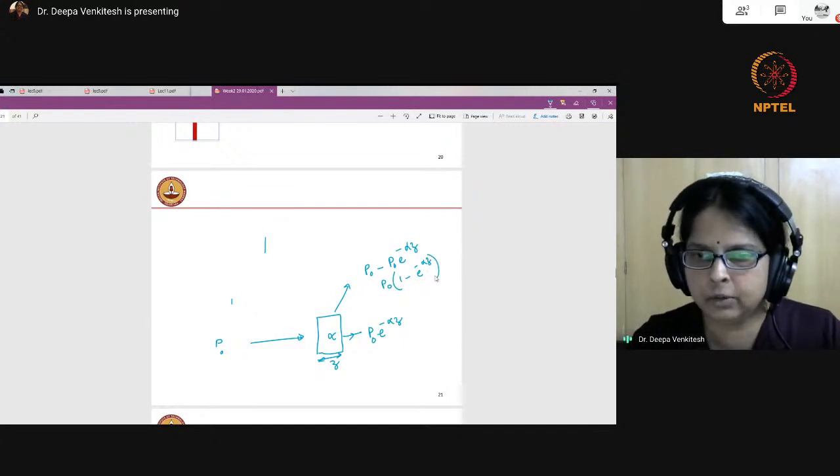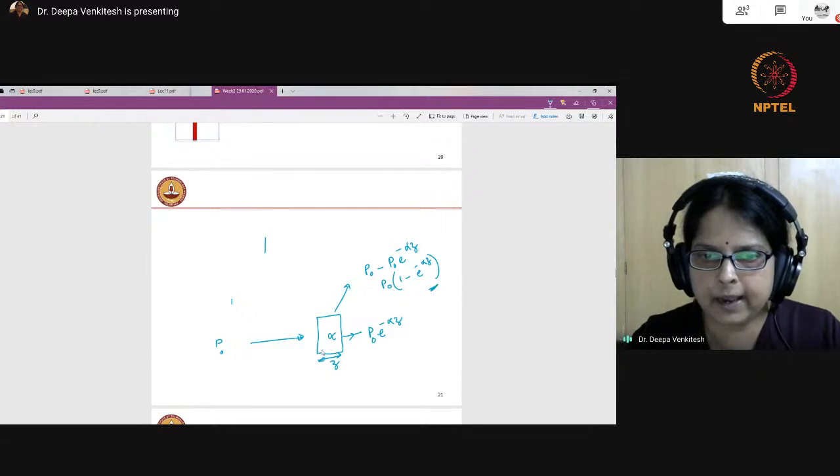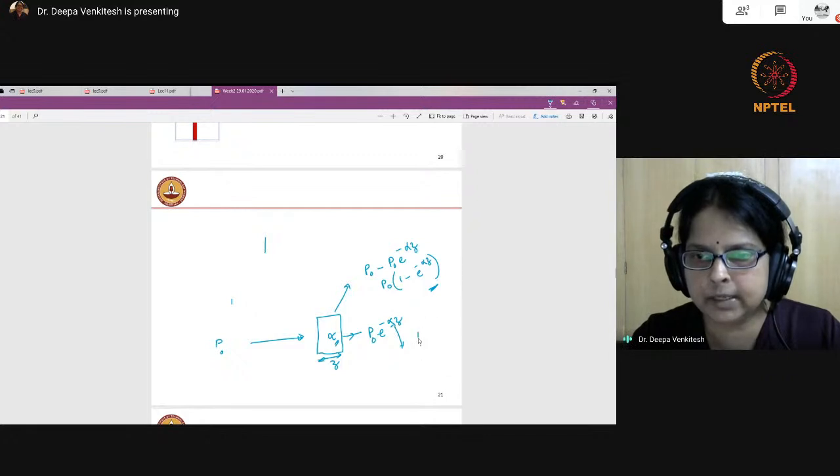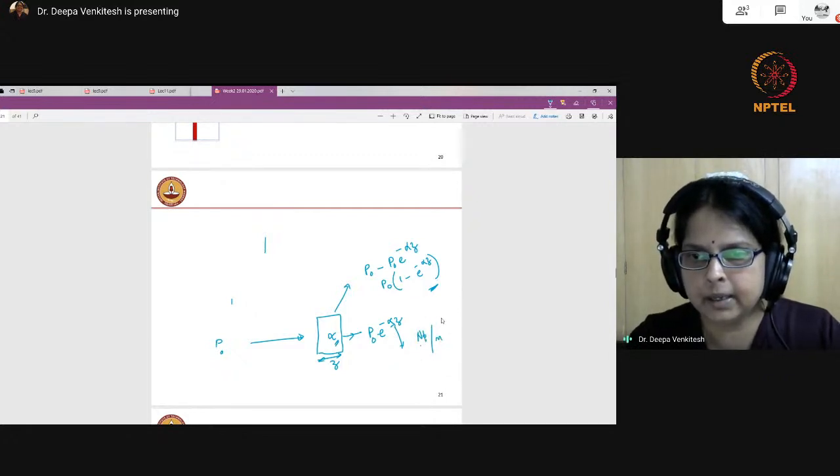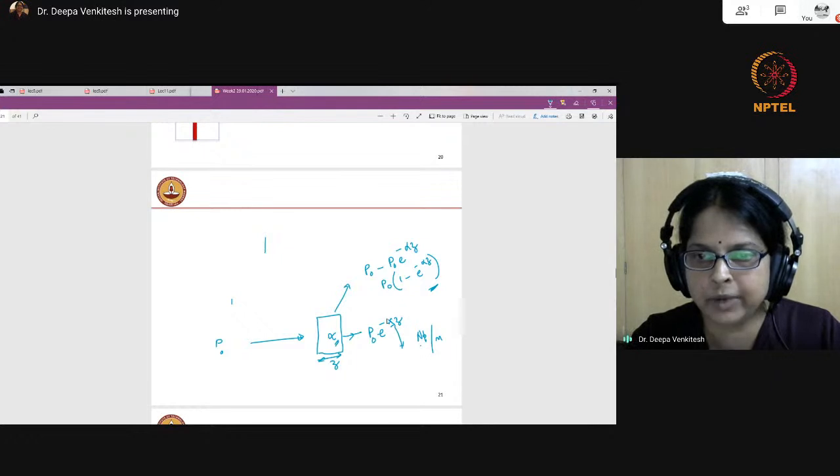If you found it different in any place, my apologies for that error. This is what it is. If I have P naught falling on this medium, again, alpha is this absorption coefficient. If you write it as an absorption coefficient, it's an exponent. This is in the units Neper per meter, so that this meter and this Z in meter can cancel, and you get a dimensionless quantity, in Nepers.